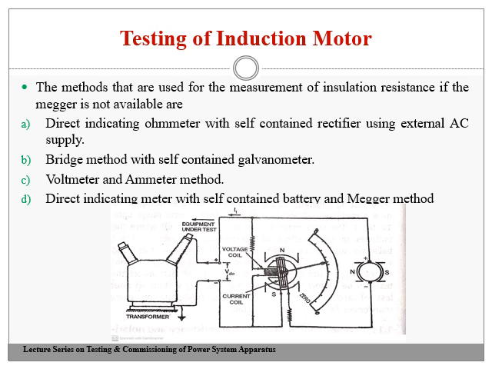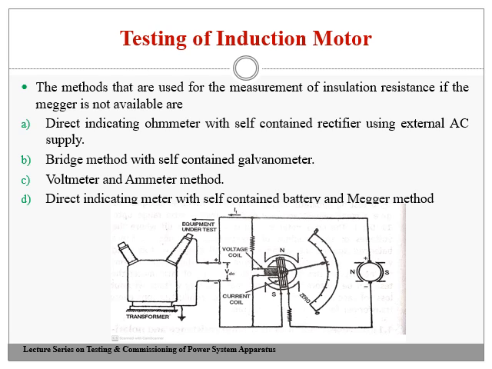Otherwise, the laboratory voltmeter and ammeter method, generally called the VI method, can also be used, or sometimes a direct indicating meter with a self-contained battery.